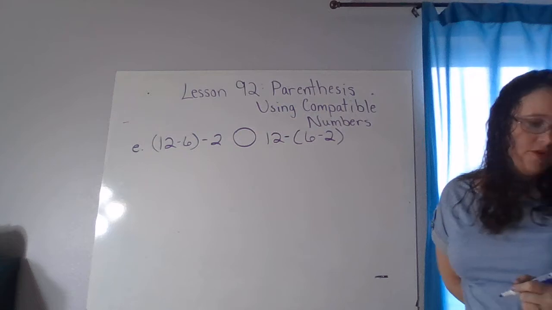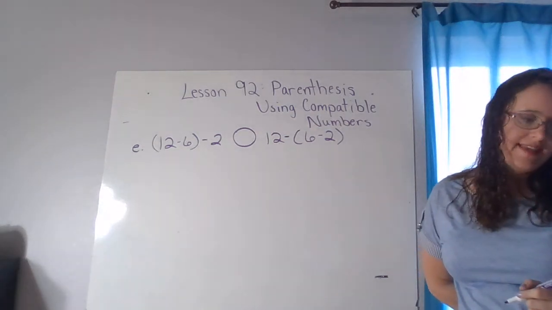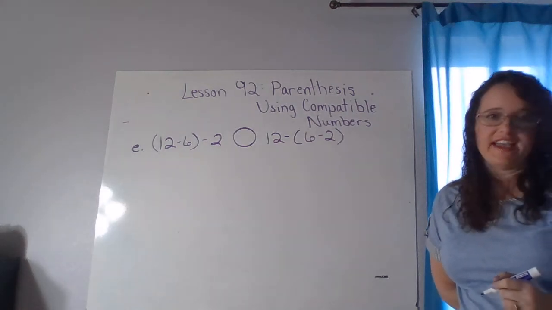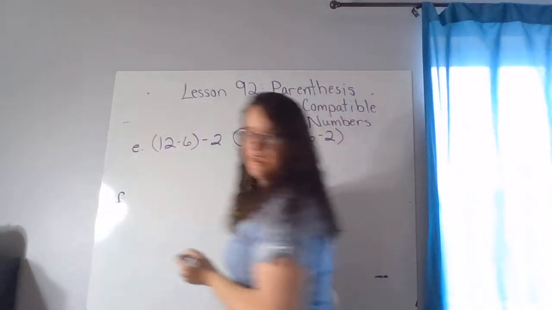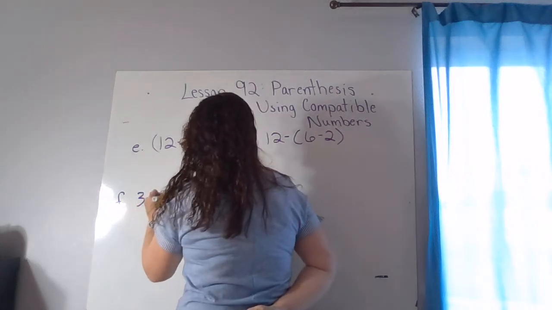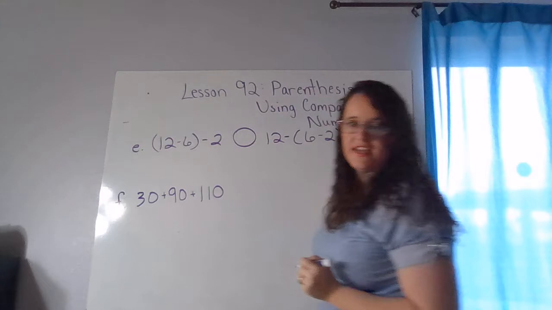All right, for F and G, the directions say first, write the pairs of compatible numbers, then find the totals. So F here is 30 plus 90 plus 110.